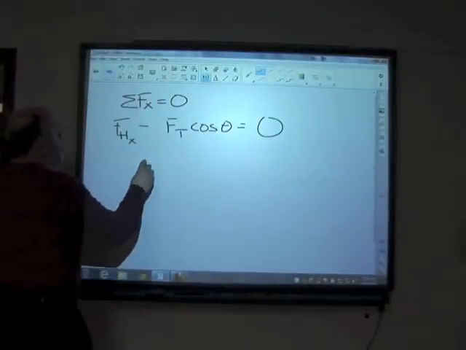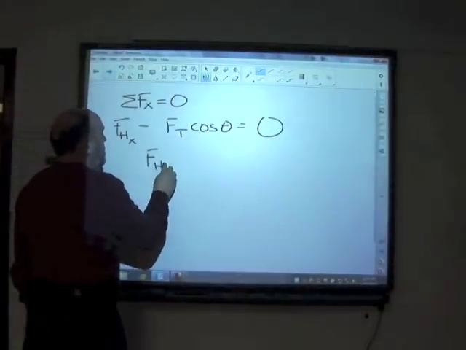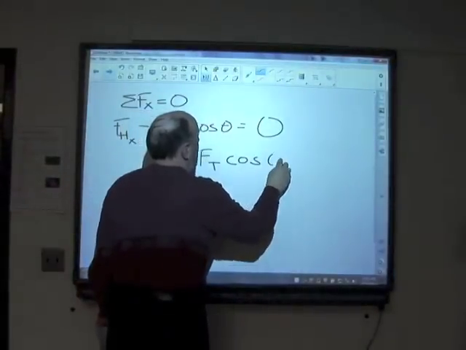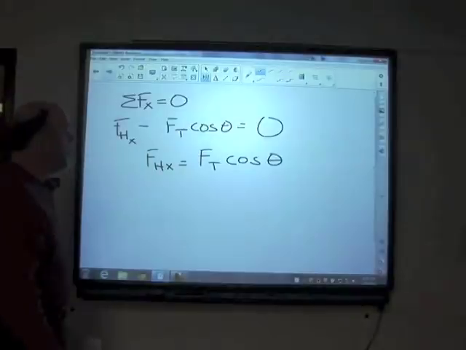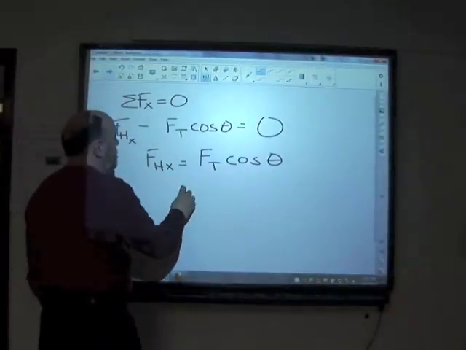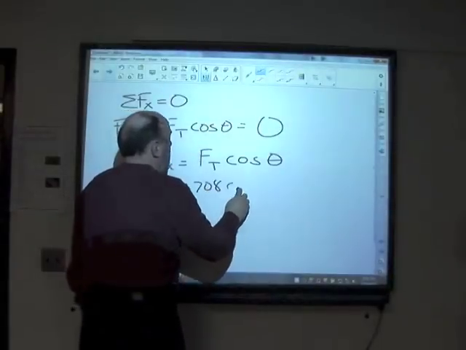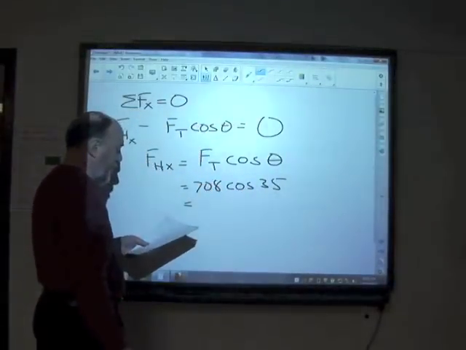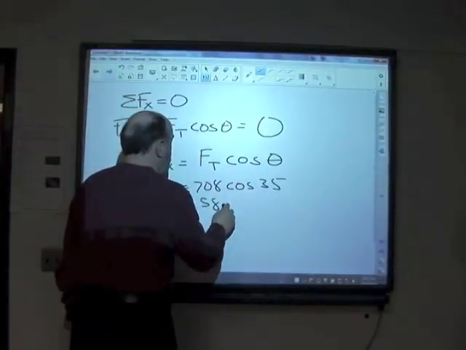So F h sub x is going to equal the tension in the wire times the cosine of the angle. We know F sub t, we know the angle, so we get 708 cosine of 35, and we find out that this number will be 580.